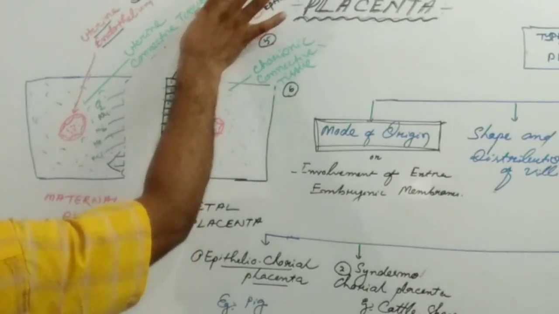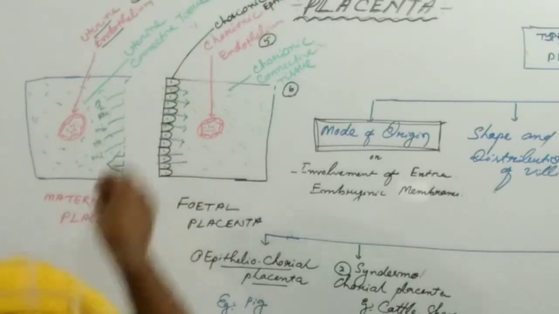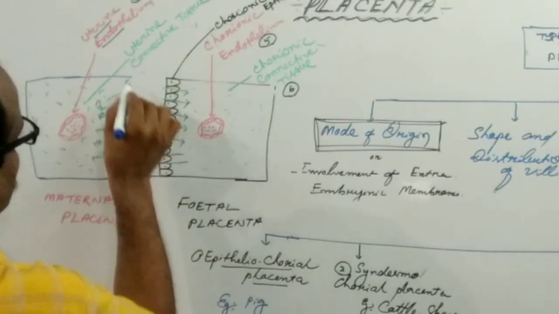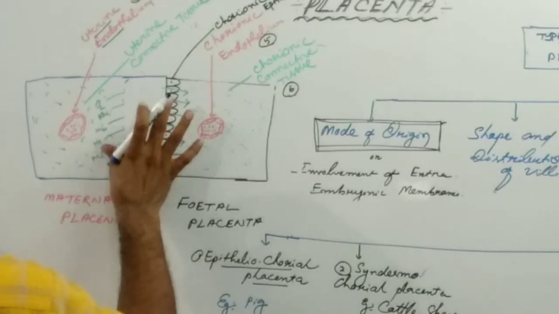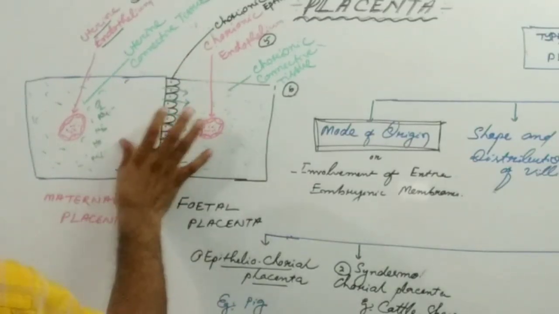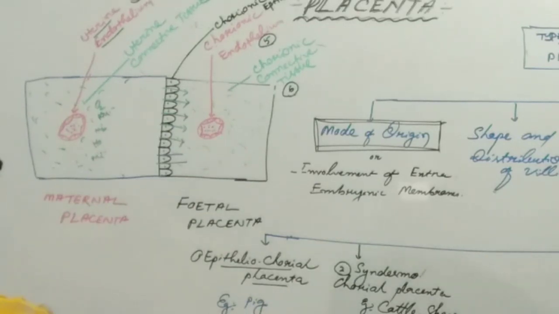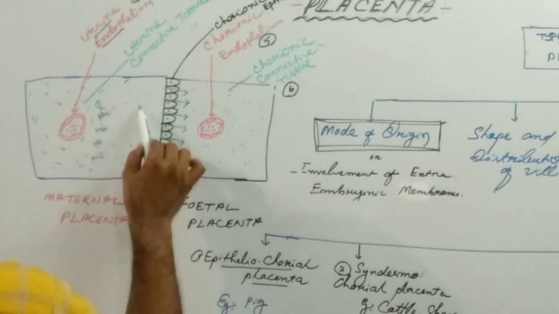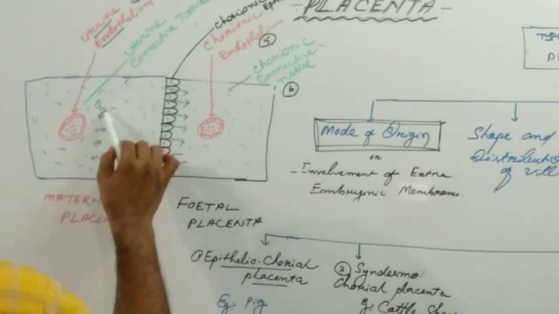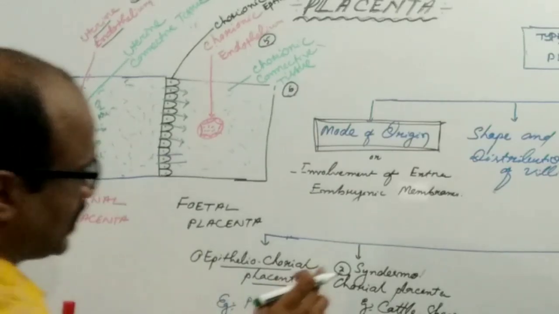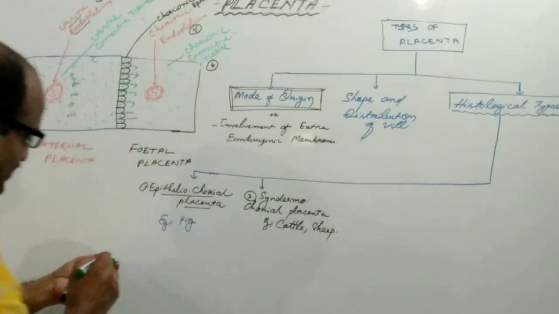So now only 5 barriers are present here. Now the blood or tissues of the mother come in contact with the chorionic epithelium, and this type of placenta is known as the syndesmochorial placenta.